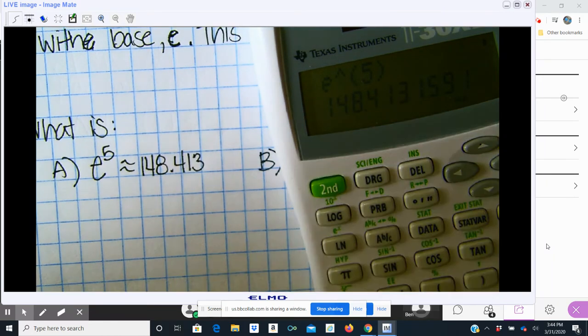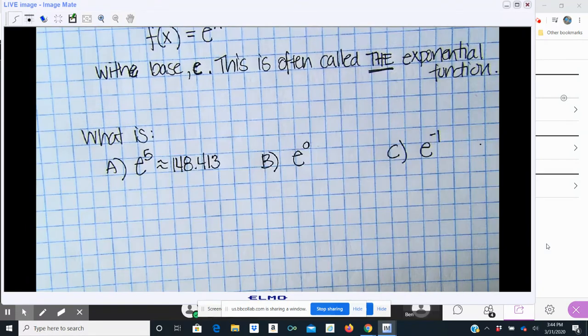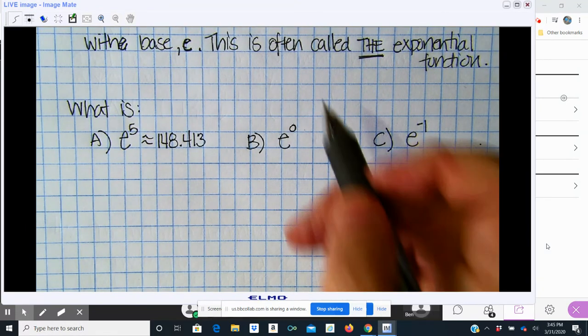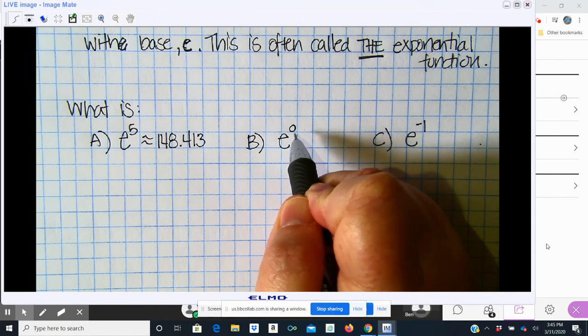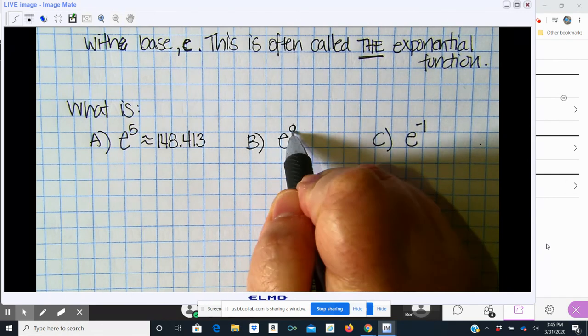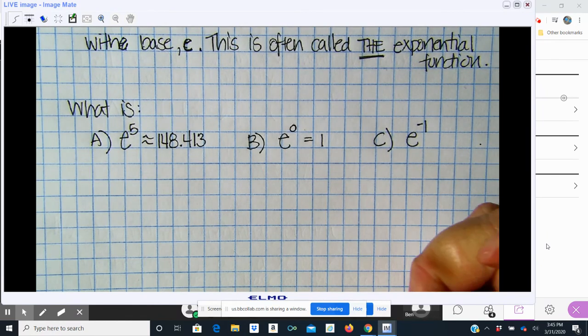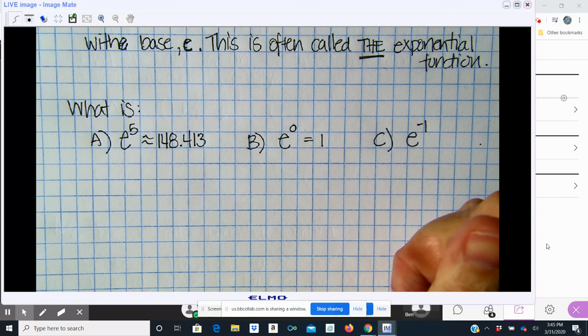I'm giving 3 decimal places. e to the 0 works just like any other exponent. So anything to the 0 power is always 1. Don't overthink it.